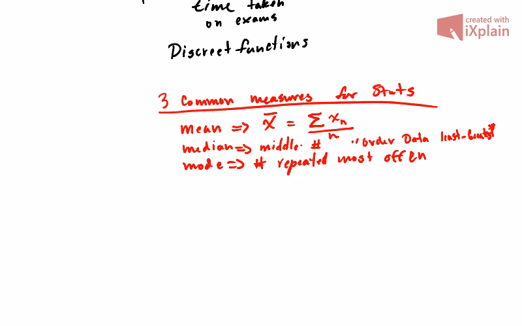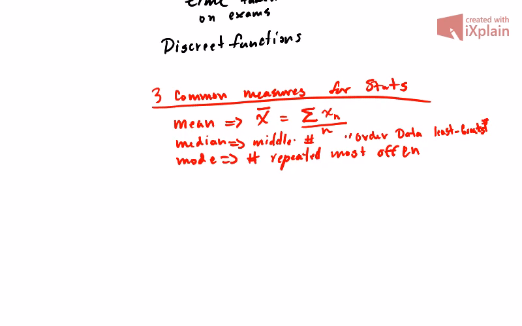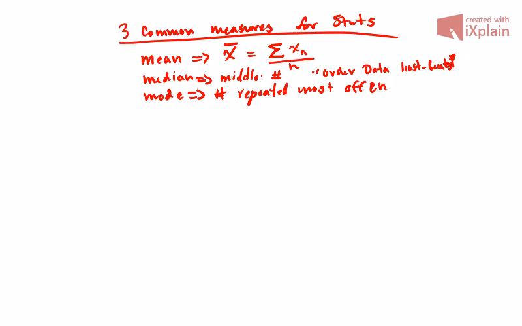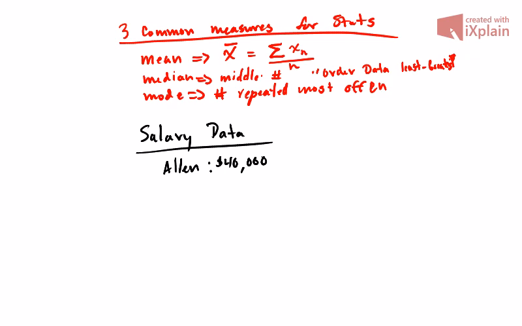So let's create a bunch of stuff here. In example 1, you have a bunch of salary data. We know that Allen makes $40,000. Baker makes $42,000.